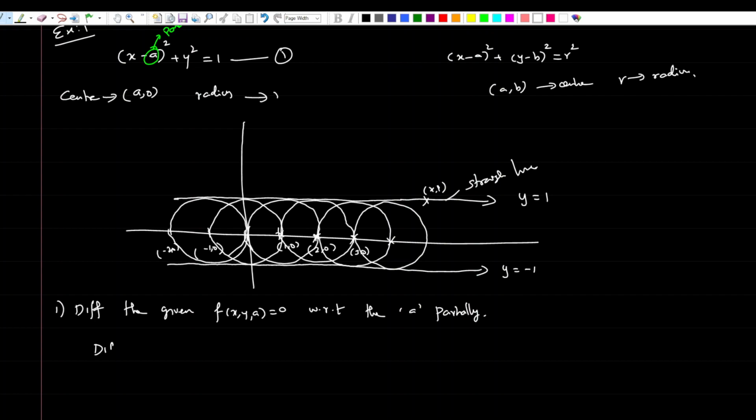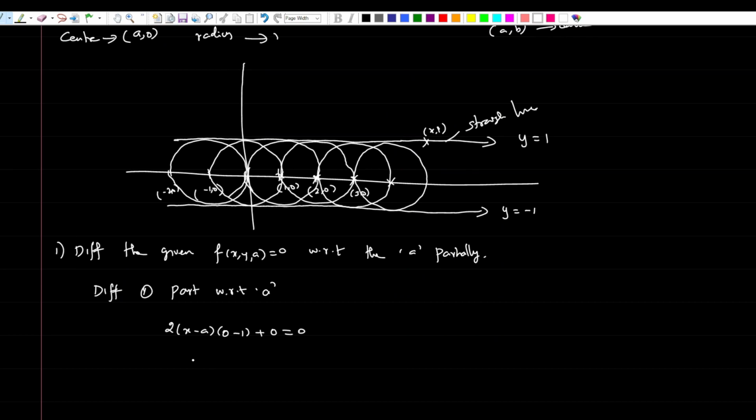So differentiate equation number 1 partially with respect to the parameter a. We'll get 2 times x minus a. When you differentiate inside the bracket, the differentiation of x with respect to a is 0 and the differentiation of a with respect to a is 1, plus y square is constant with respect to a, therefore it will be 0, equal to 0.